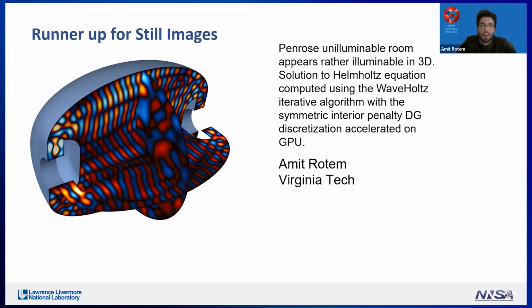What was nice about putting it in MFEM and using the new interior penalty DG method is that I was actually able to produce this solution much faster than the ways that I was doing it previously. Before that, I couldn't even really do a high frequency problem in 3D, just the 2D ones. So it was nice to use MFEM for this.